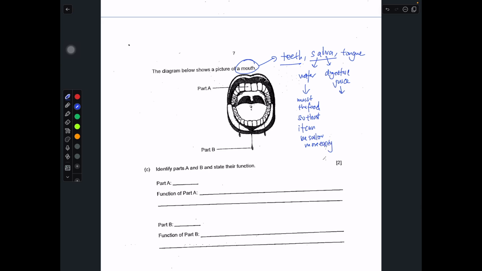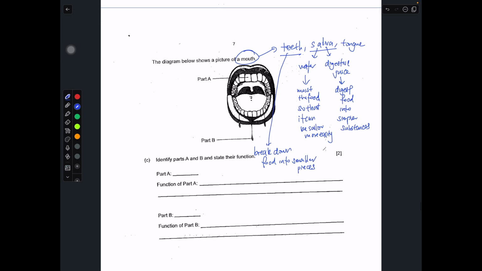And the other one is to digest food into simpler substances. Okay? So the teeth is really to break down food into smaller pieces.